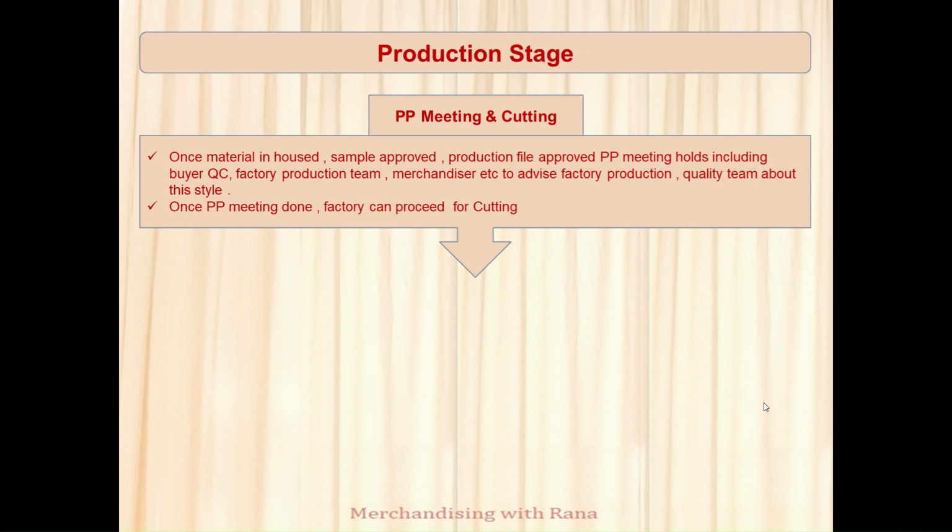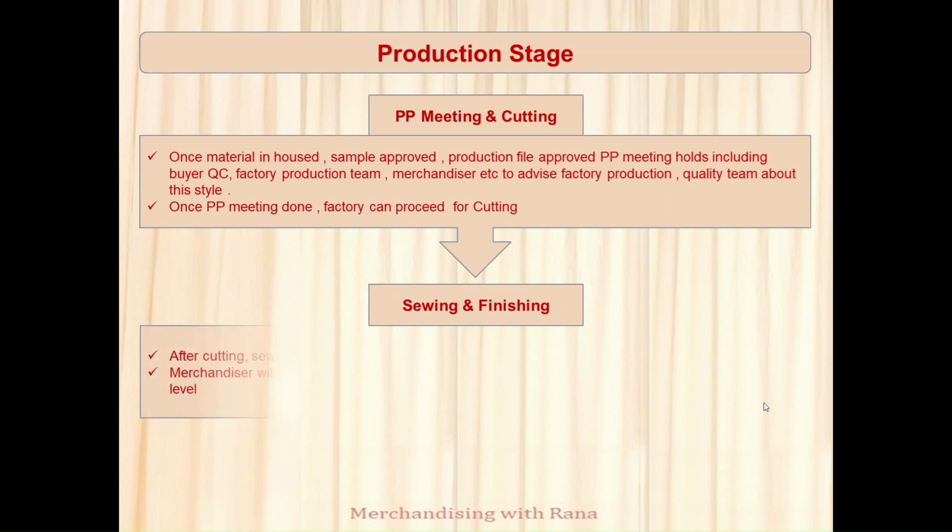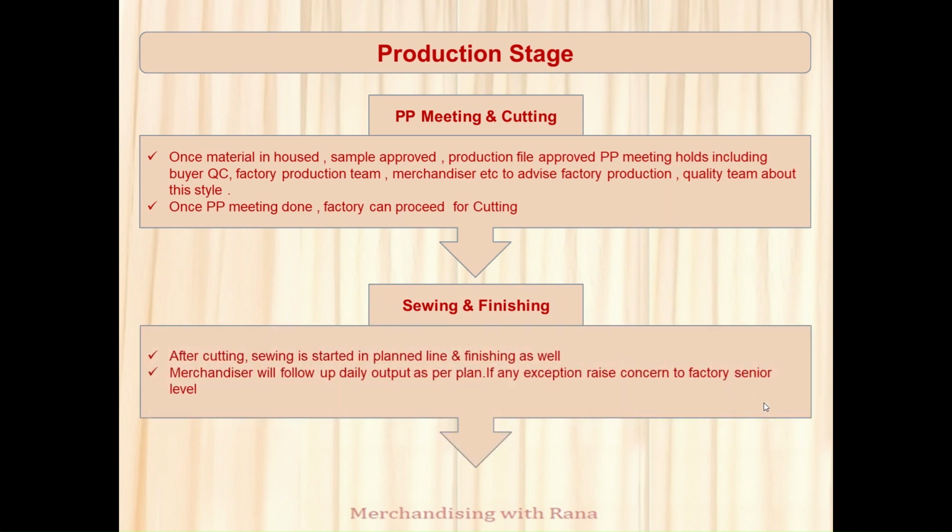Once the PP meeting is done, the factory can proceed for cutting. Once cutting starts, sewing and finishing will start back to back. As a merchandiser, I have to follow up with the daily output report. If there is any exception, I have to raise this concern to factory senior level or my merchandising senior level.